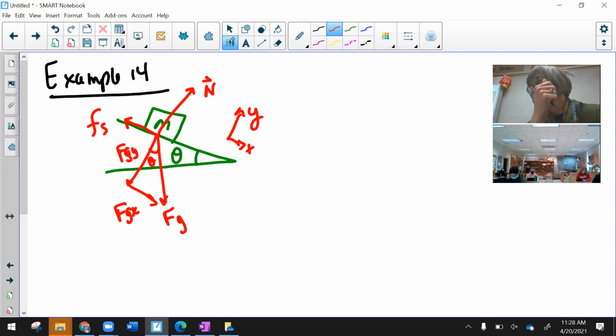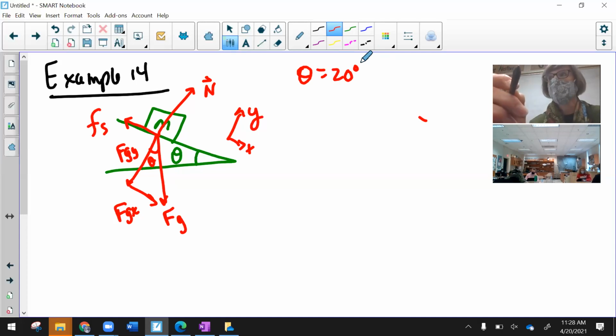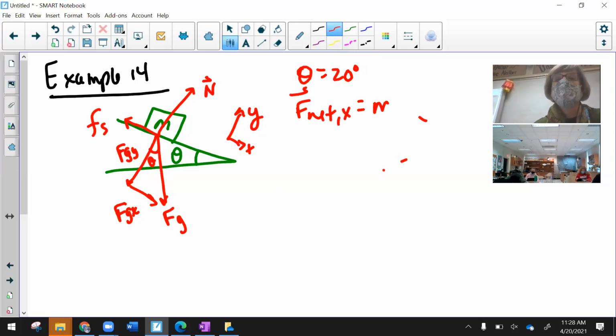So the whole thing is, if it's the static friction force when theta is equal to 20 degrees, that means the filing cabinet's not moving, so it's in equilibrium, which means that the acceleration in the x direction is equal to 0, right? So if I say F net in the x direction, that's going to be MAX, that's going to be 0.